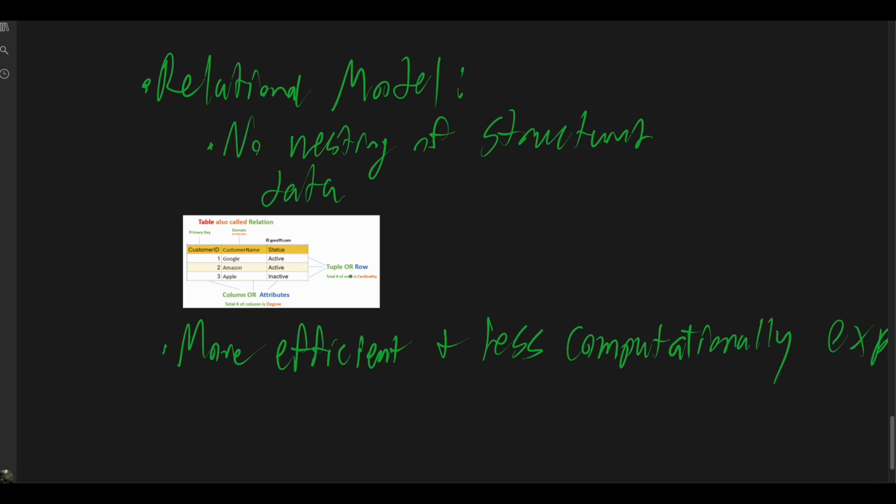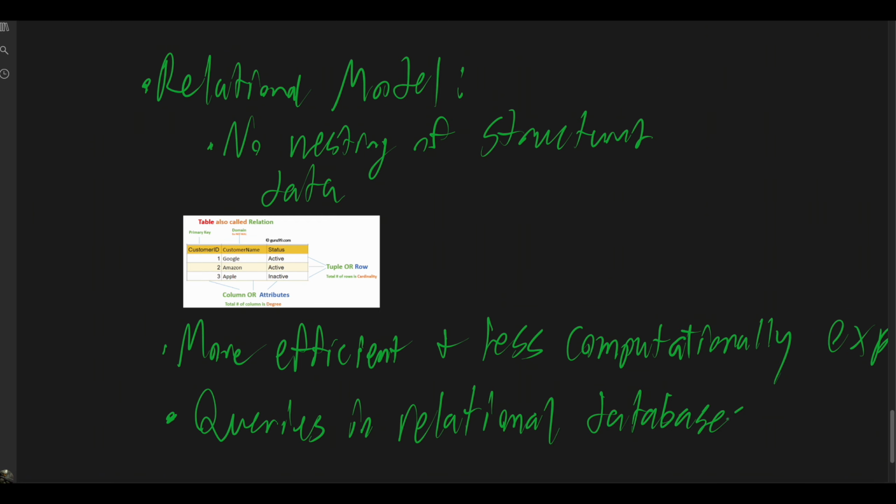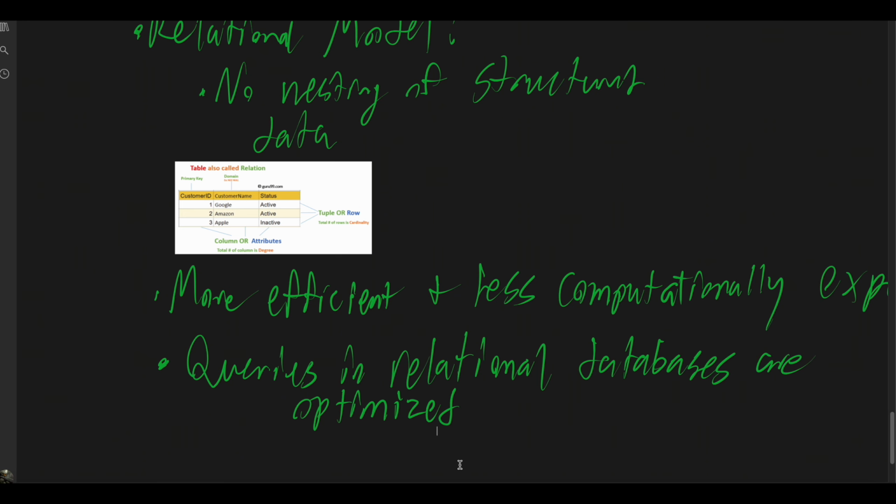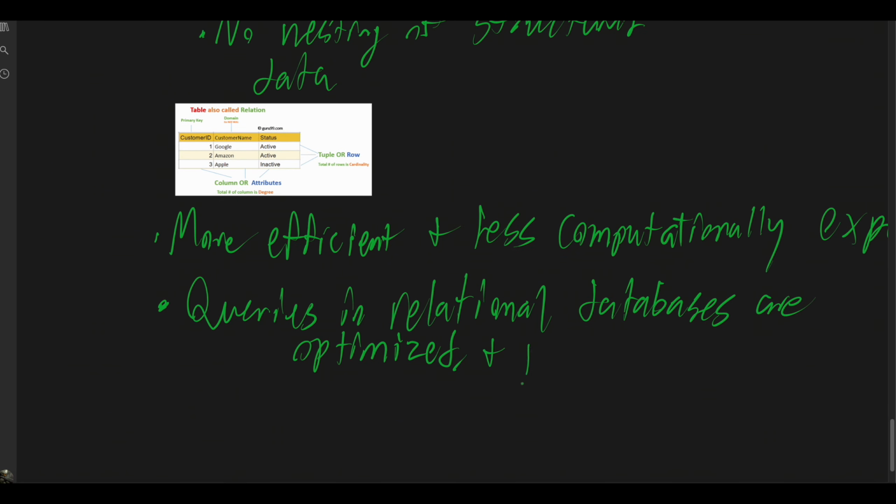In relational databases, queries are optimized and provide access paths for specific data inquiries.